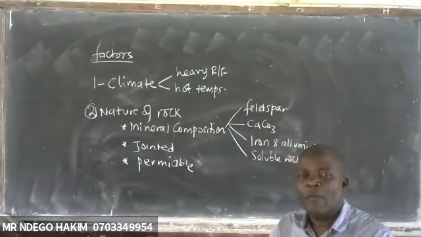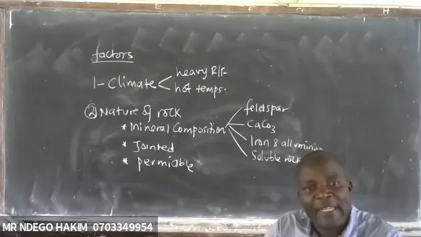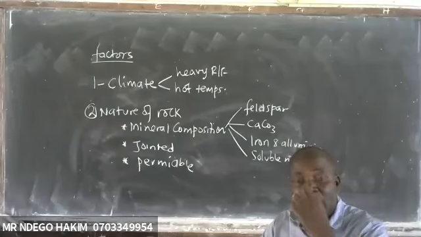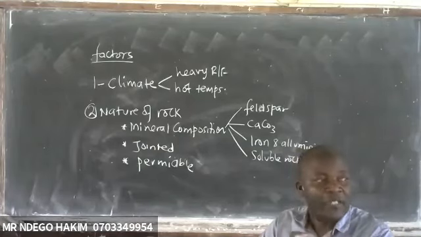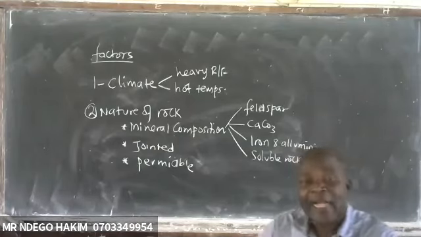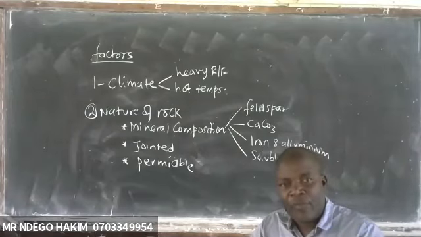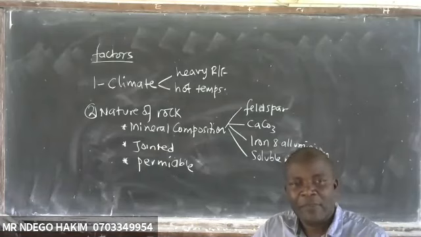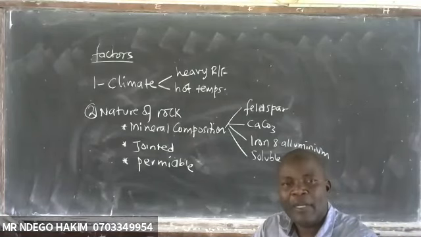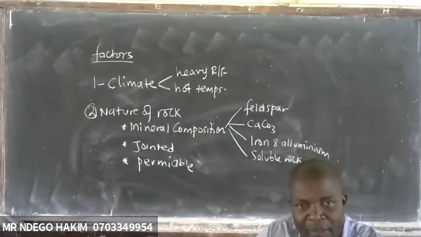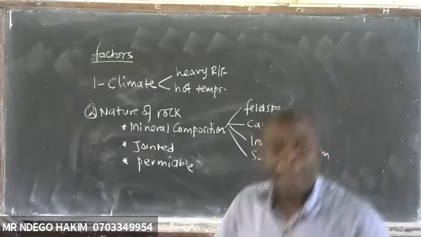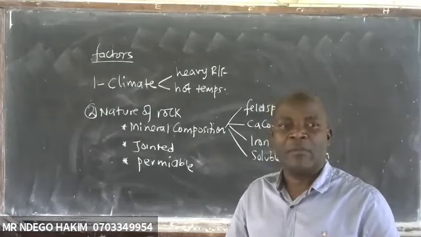Two, in tropical humid areas, there are hot temperatures. And what's the use of these hot temperatures? Hot temperatures in tropical humid areas accelerate the rate of chemical reactions, and this has led to chemical weathering processes like hydrolysis, hydration, oxidation, carbonation.